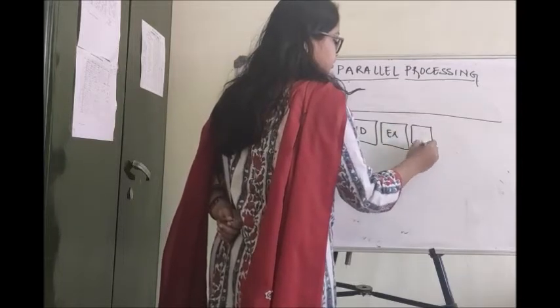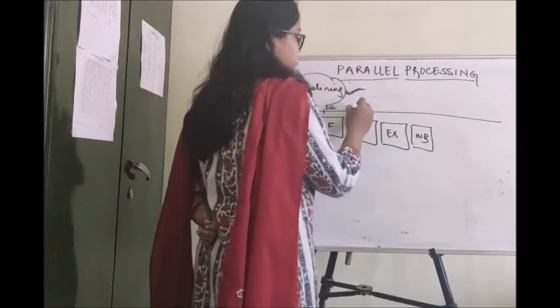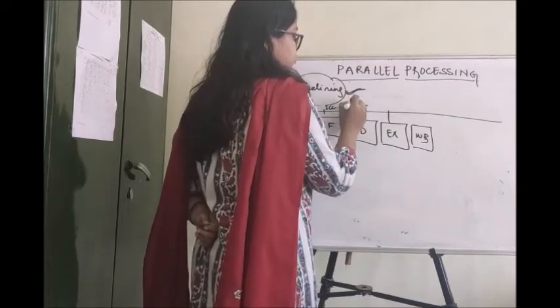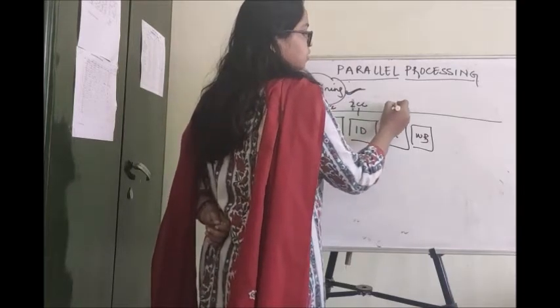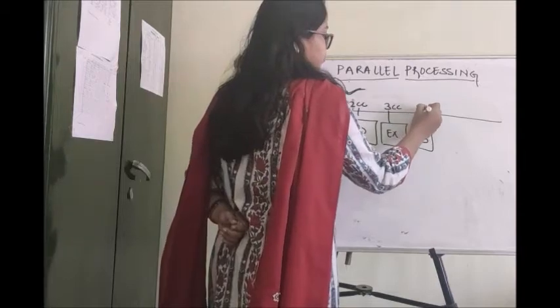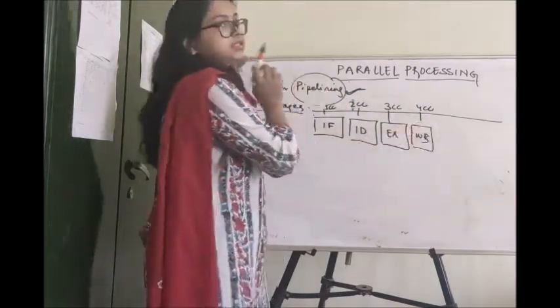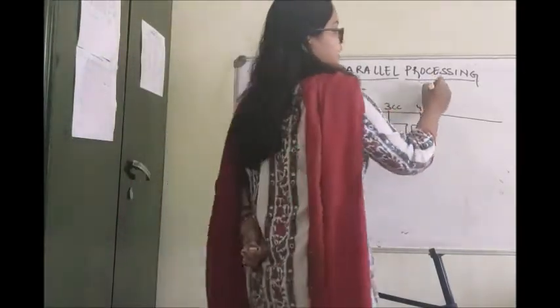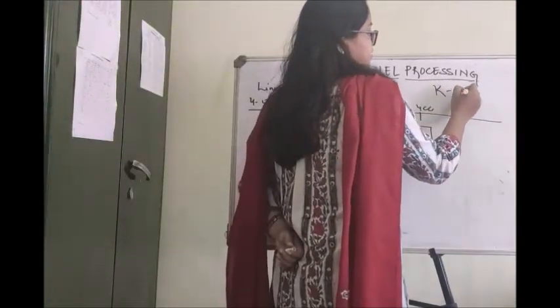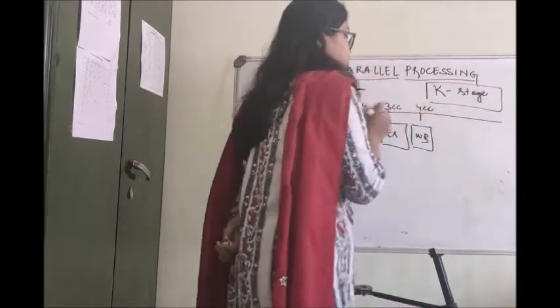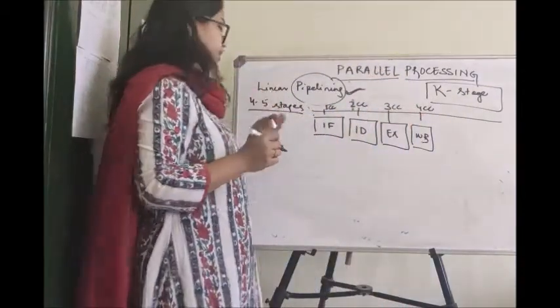Execution, then write back. So this is one clock cycle, this is one clock cycle. So I am writing this 2, second clock cycle, third clock cycle, fourth clock cycle. Okay. So this is called the number of stages in a pipelining, which is defined as K. K stage pipelining. So what is the number of stages here? 4 I have taken. Okay.